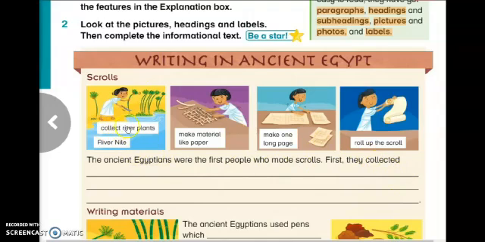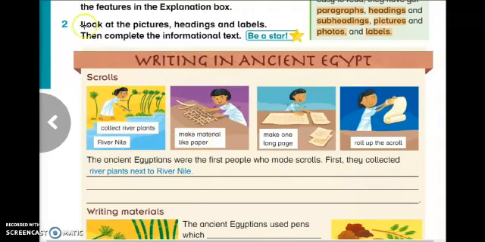They collected river plants. And the situation for these river plants is next to river Nile. So we have to complete this one with next to river Nile. They collected river plants next to river Nile.